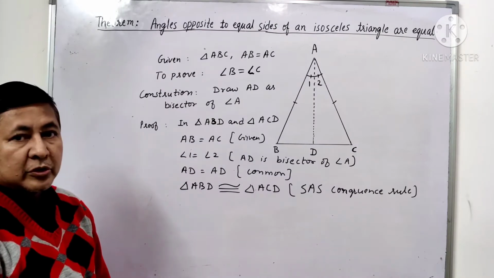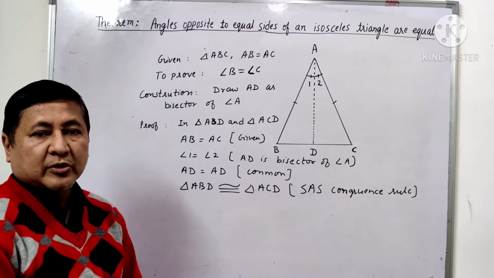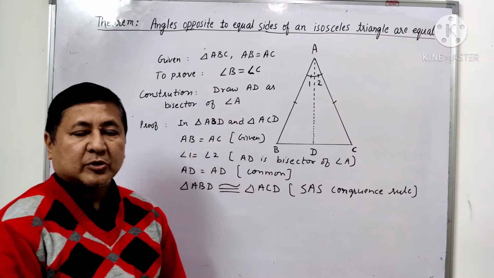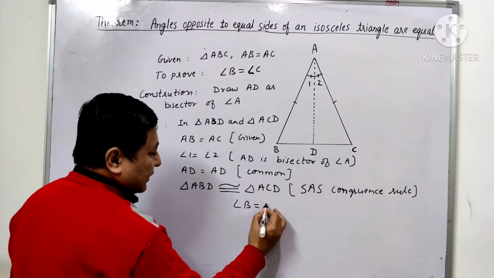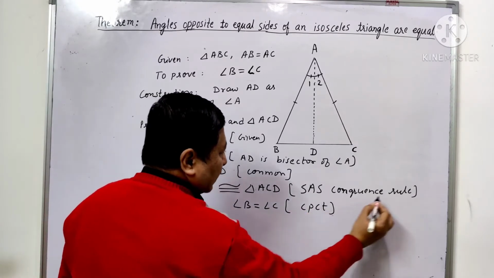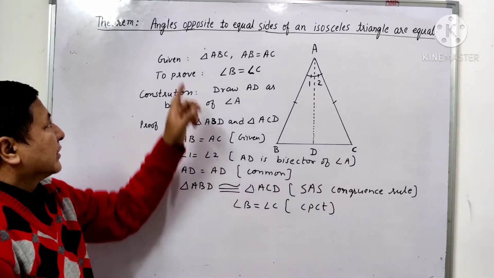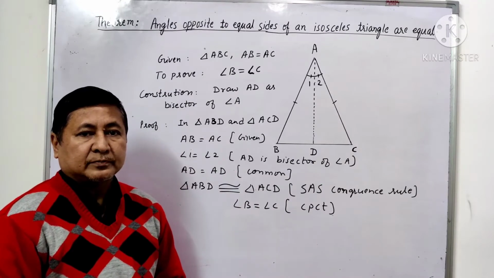So now these are the corresponding parts, angle B and angle C. We know that when two triangles are congruent, their corresponding parts are also equal. So we can write angle B is equal to angle C, by corresponding parts of congruent triangles. That is why we can say that the angles opposite to equal sides of an isosceles triangle are equal.